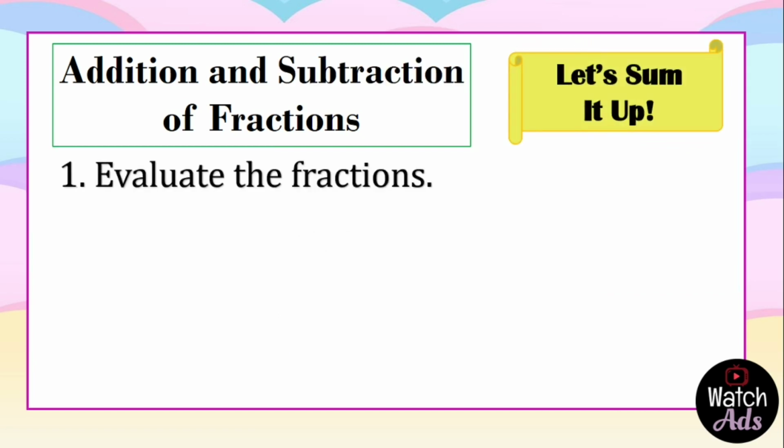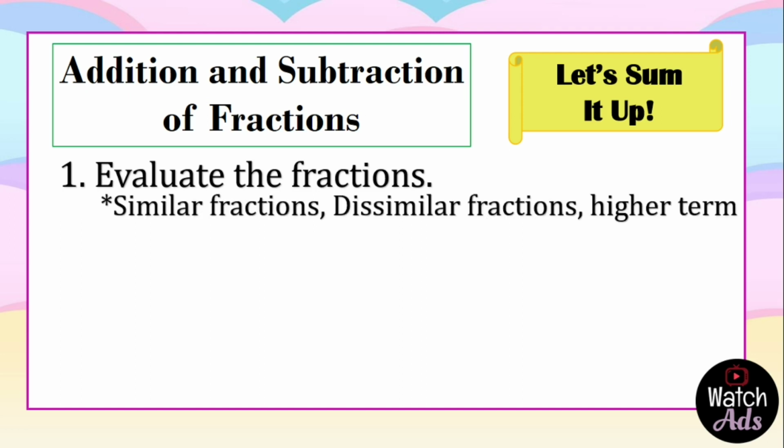Now to sum it up, first, we evaluate the fractions. That is, if they are similar fractions, if they are dissimilar fractions, and if the fractions are in the higher term. Now remember that before we proceed to the operations, we must first evaluate the fractions in order for us to use an operation that is appropriate for the given fractions.